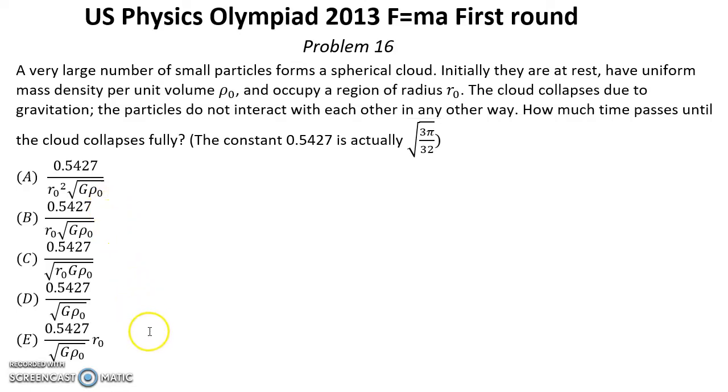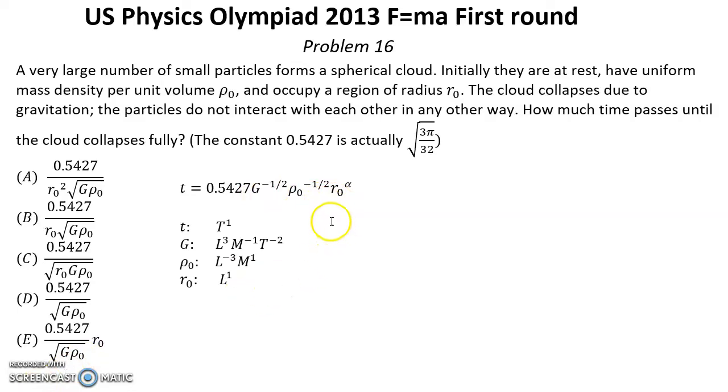So we can represent the answer in the form of time equals this expression, and we have to find what the power alpha is. Let's represent our parameters using dimensional analysis.